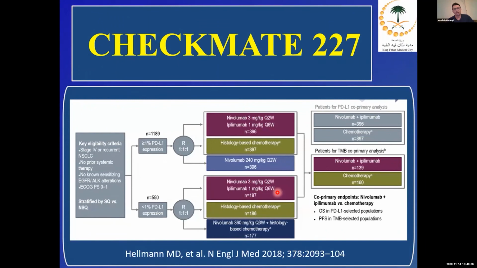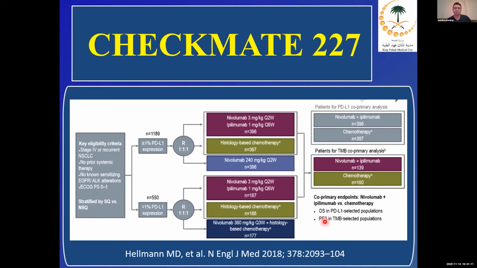It also has a complex design that includes dual immunotherapy, chemotherapy, and single immunotherapy with chemotherapy, but the main arms compared in this phase 3 clinical trial, the dual immunotherapy, Nivo, Ipi, versus chemotherapy, ask whether dual immunotherapy is better than chemotherapy or not. There are a number of primary endpoints designed with this trial, which is overall survival in the PD-L1 positive population, or PFS in the TMB.